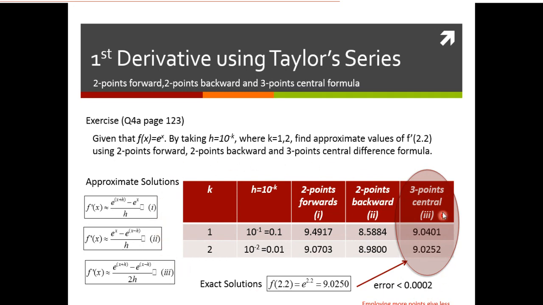For example, if you are using the 3-point central formula, we can see that the error is as low as less than 0.002 compared to the approximate value.